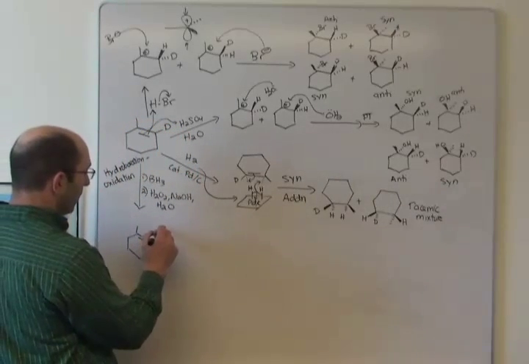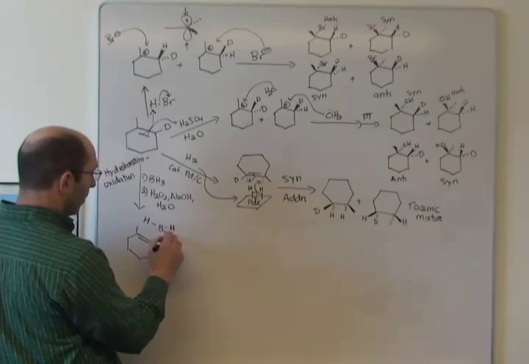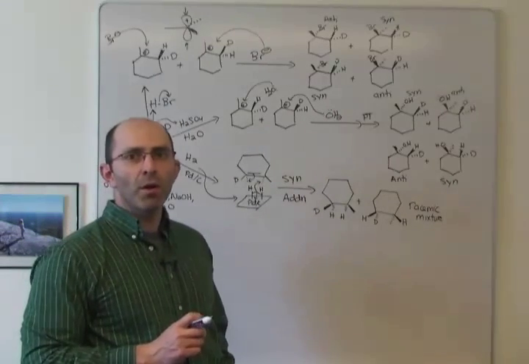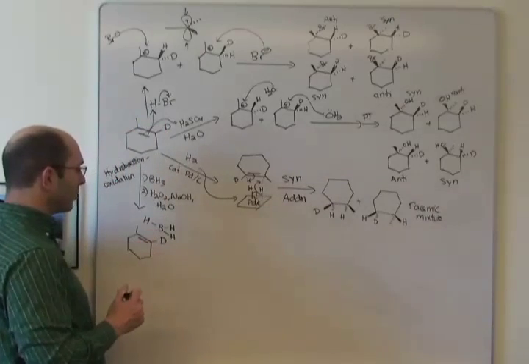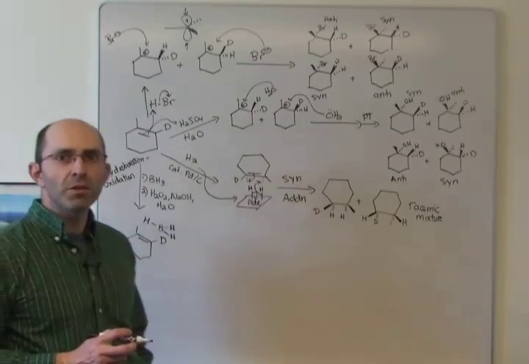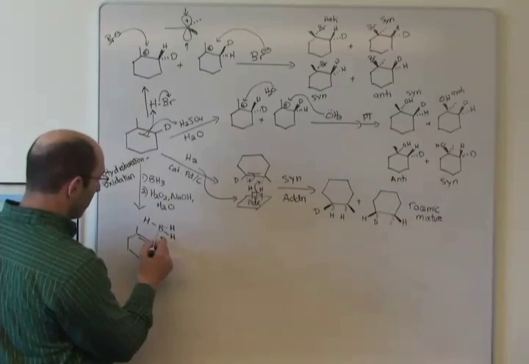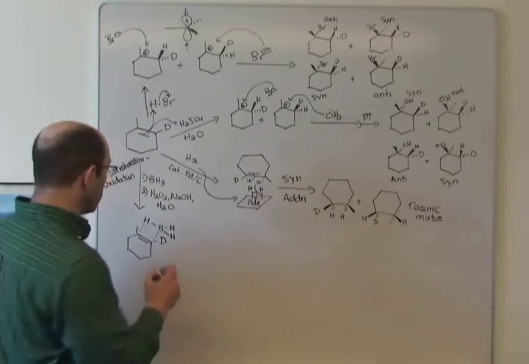What's going to happen with boron is that we're going to form the carbon-boron bond and a carbon-hydrogen bond simultaneously. Boron is larger than hydrogen, so boron is going to go to the less hindered side, hydrogen to the more hindered side. So we're going to form those two bonds, again, simultaneously.